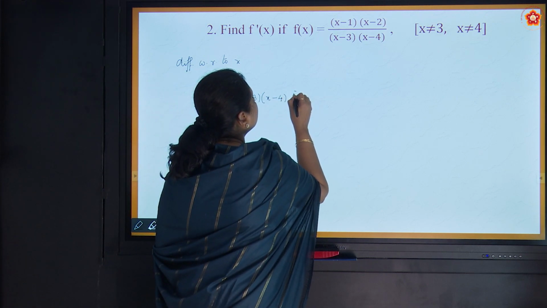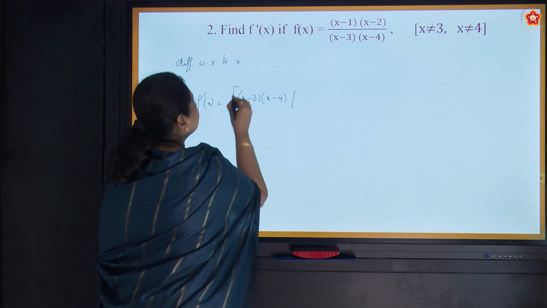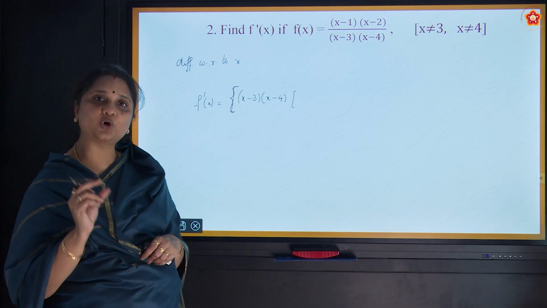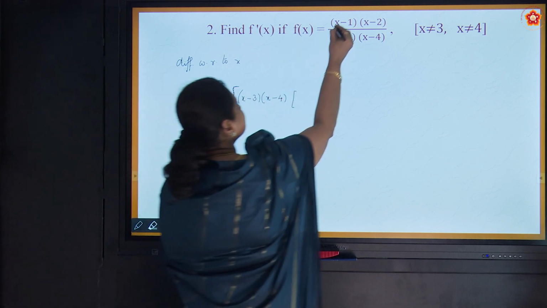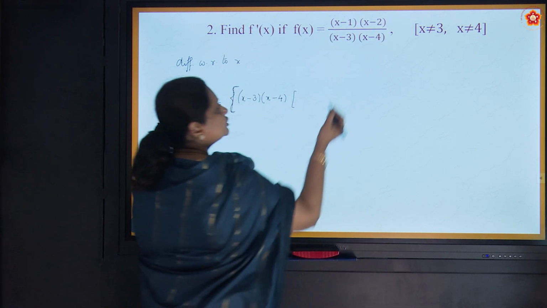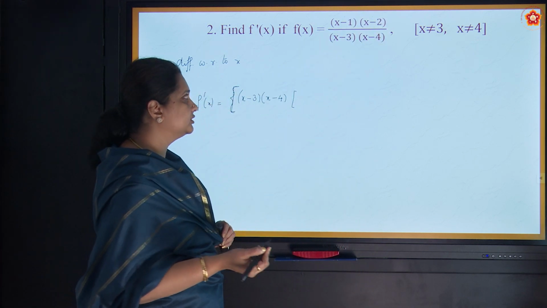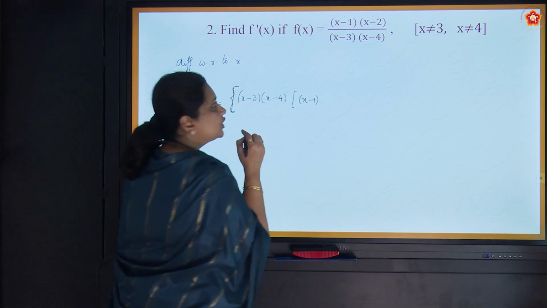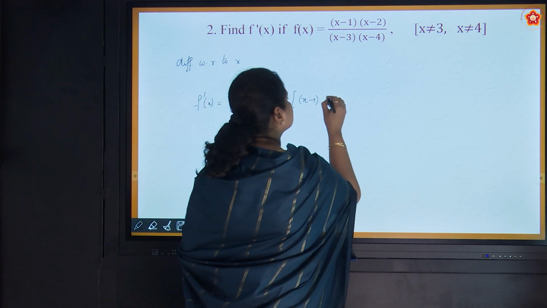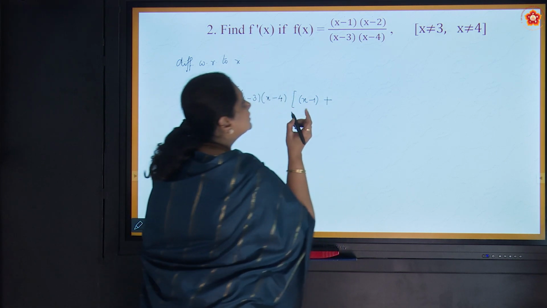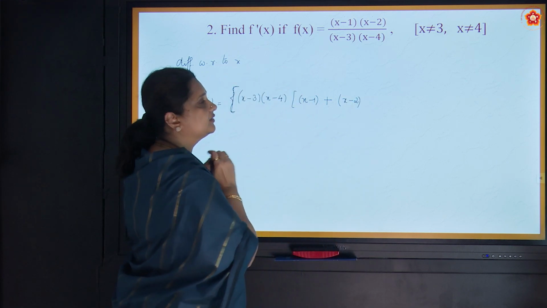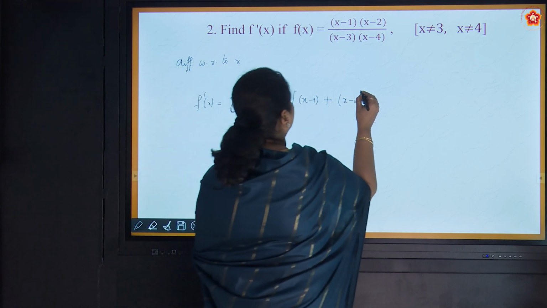On my numerator I have a product of two functions. This is a u into v, first function to second function. So you all know how to differentiate. First, I keep the first function unaltered, differentiate the second one, x minus 2 on differentiation gives me 1, plus x minus 2 is kept unaltered and the first one is differentiated, giving me 1 again.